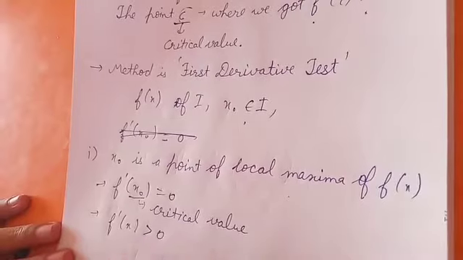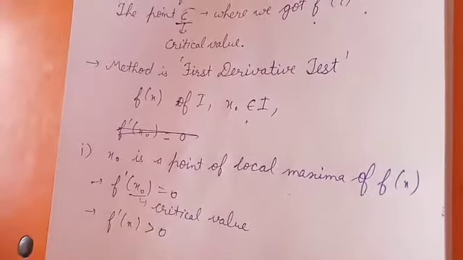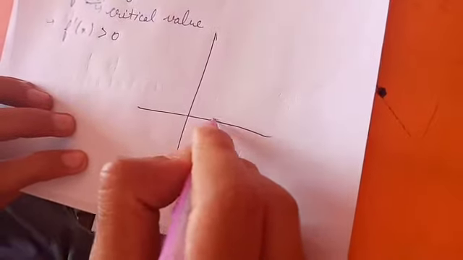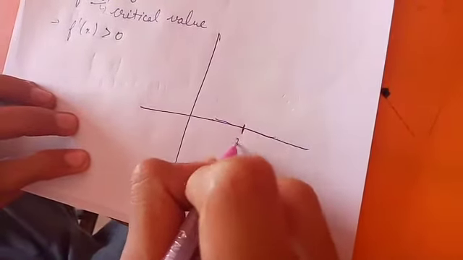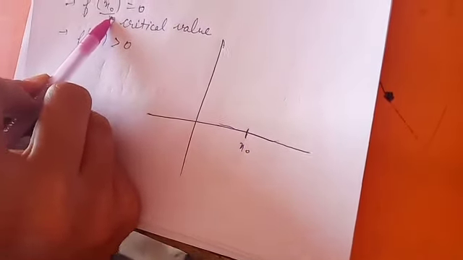If f dash x is greater than 0 at every point close to and to the left of x naught, say this is the graph of a function and we get a point x naught here where f dash x naught is equal to 0.